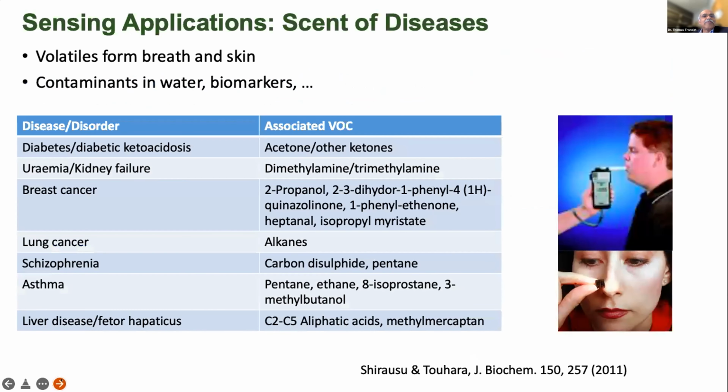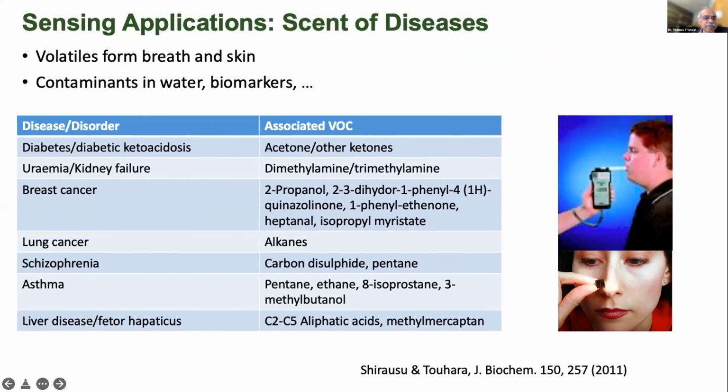Now there is a big push towards detection of different vapors for disease detection, and we know different biomarkers, volatile organic compounds, are associated with these diseases. This is all in the literature.